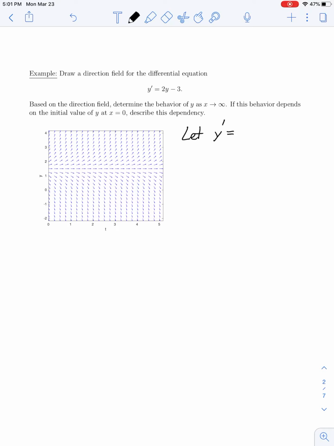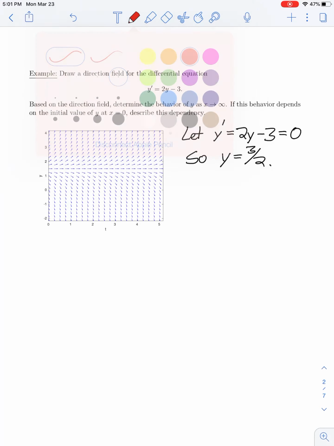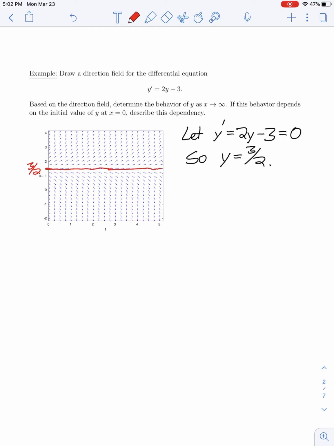That is, we're going to set our rate of change, y prime, which is 2y minus 3, equal to 0, and then solve for y. So here we find y is 3/2, or 1.5. And we can see from our direction field here that if y is 3/2 or 1.5, then there is a constant solution or an equilibrium solution, no change.